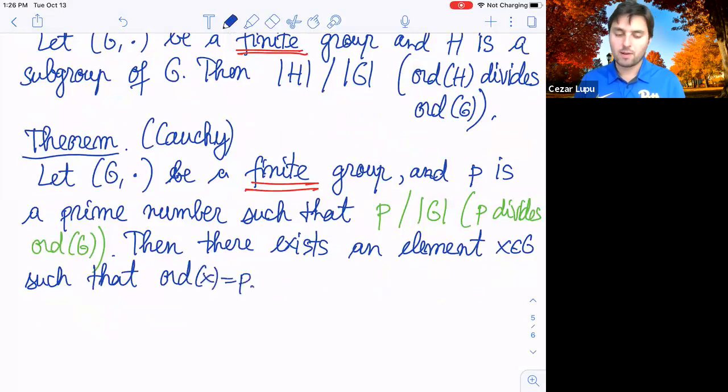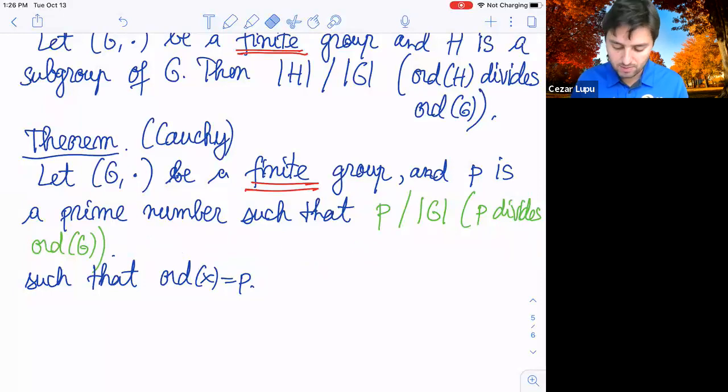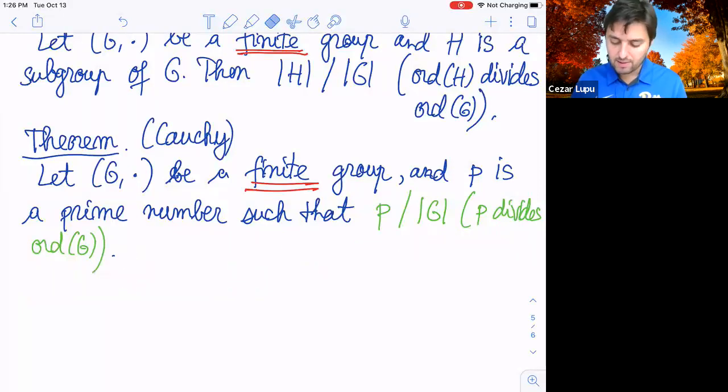So in other words, such that X to the power... no, let me restate it, because I restated it as a consequence that I didn't want to. Sorry about that.